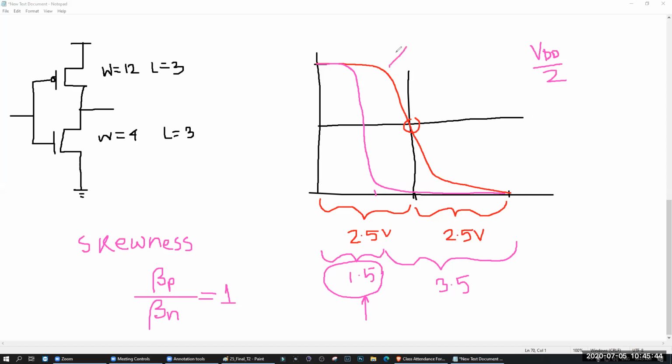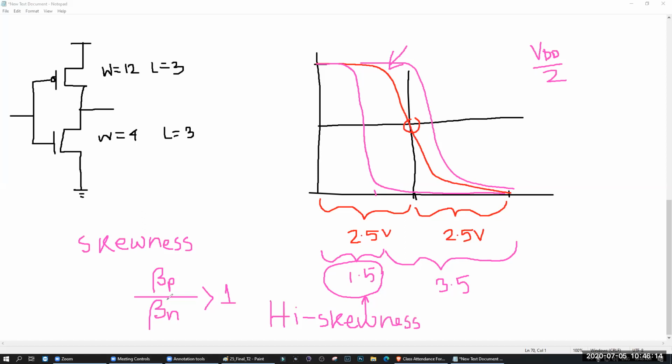So for this it is 1. When your beta ratio is more than 1, your graph will go through here. This will be called high skewed. Do not worry, we will learn about this later. We have a big topic on this. This is called high skewness.